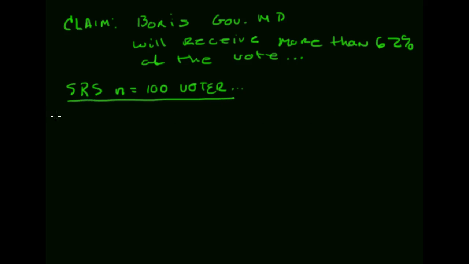So step 0 here is to check my conditions. I am random, that's definitely there. I have an SRS. Do I meet the 10% condition? 100 is definitely less than 10% of the 6 million Marylanders, so I'm pretty good there. Then I have to check my large counts.